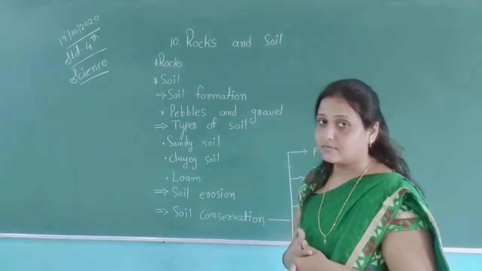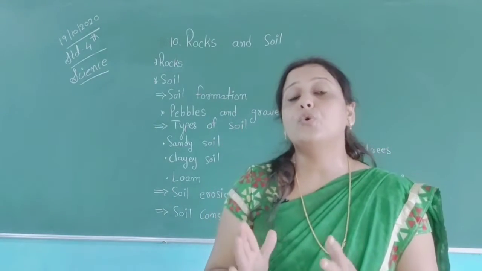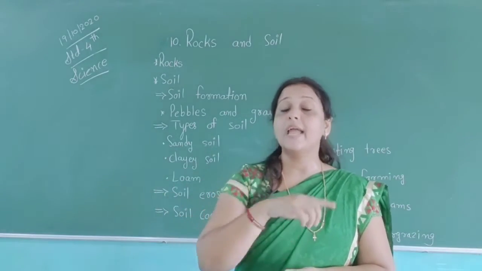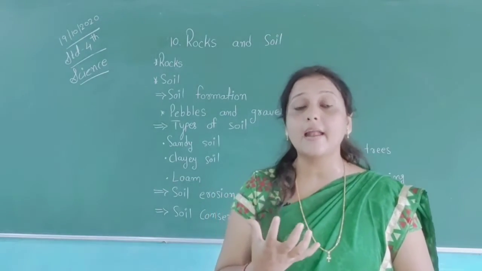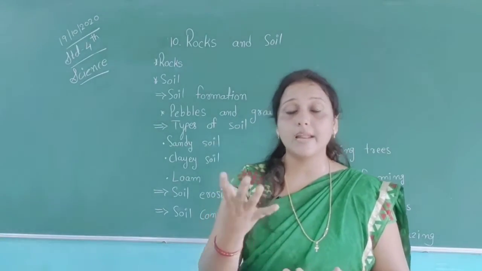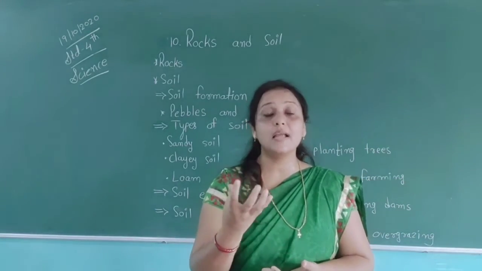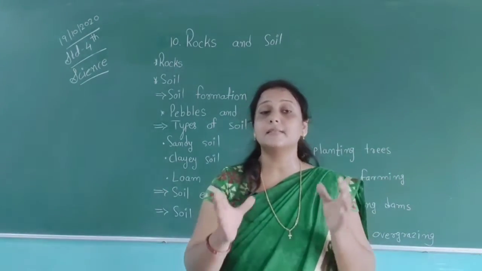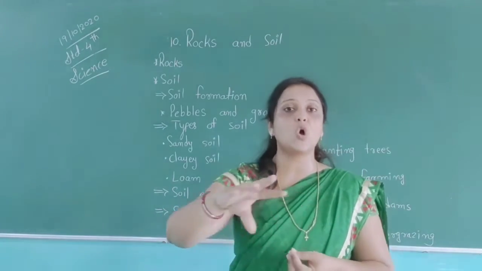Then soil erosion. What is soil erosion? When we want to grow anything on the land, the top layer of the soil has fertility in it, and using this fertility we get the proper formation of any type of plant, because the soil has enough nutrients which are useful to plants, and all these nutrients are present in the top layer of the soil.